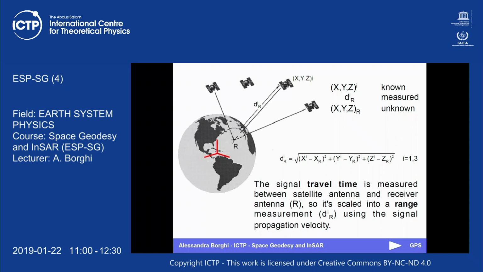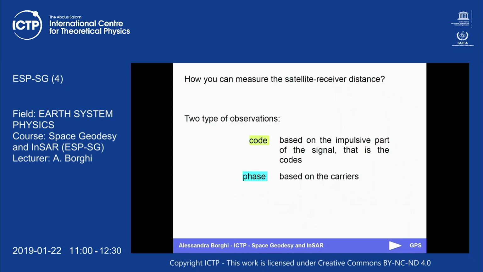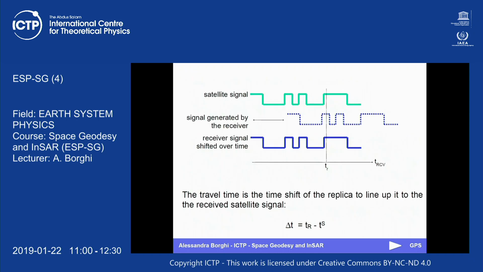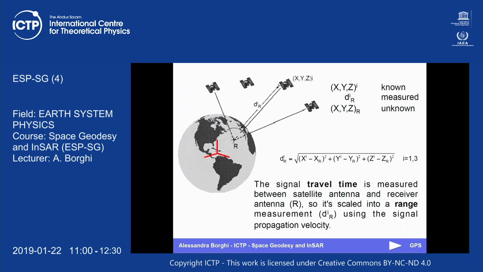So, if you look at this equation, we have three unknown parameters, x, y, z of the receiver, R. And to solve this, we measure D. We have three unknowns, so we need at least three equations.